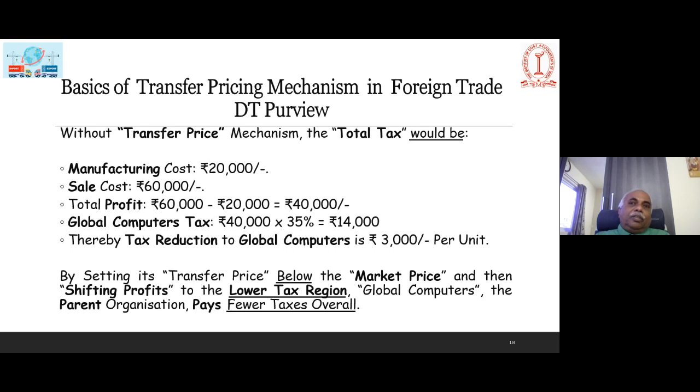But it is a burden to the parent company's country, because today every country is trying to increase its public revenue, whether direct taxes or indirect taxes, and whatever loopholes are there in the tax system should be controlled or arrested. Otherwise, how will the country do welfare for society?